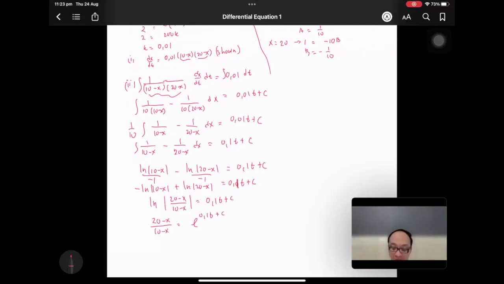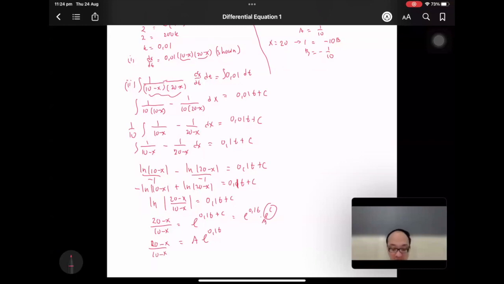Remember that e to the power of c is another constant, so I can rewrite it as A e^0.1t. This is equal to e^0.1t times e^c. This one is called A.